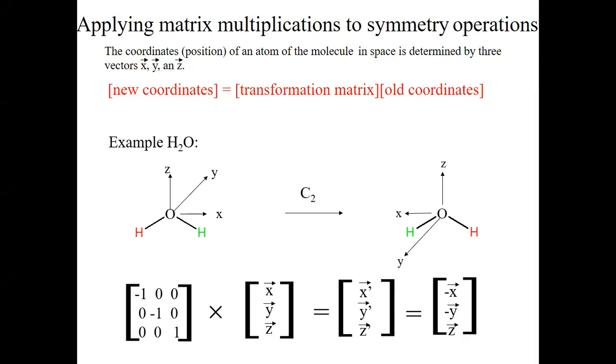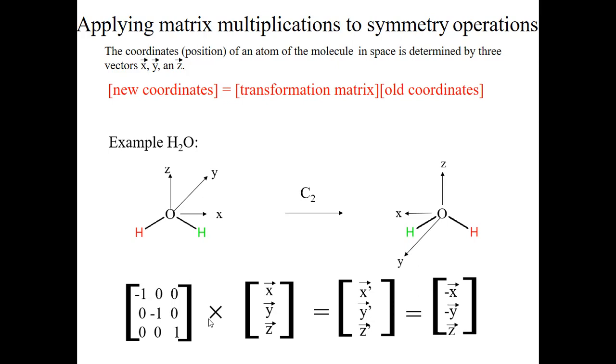Okay, we have begun to look at the symmetry operations as matrices. And why can we do this? We can do this because we can express the coordinates of an object as a matrix. So when a symmetry operation transforms an object, it transforms it from old coordinates that can be expressed via a matrix to new coordinates.